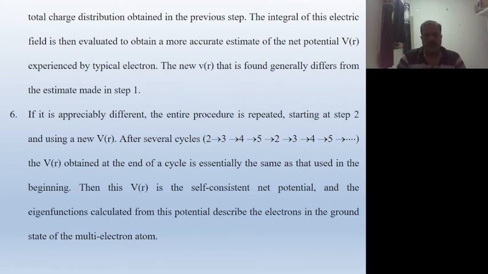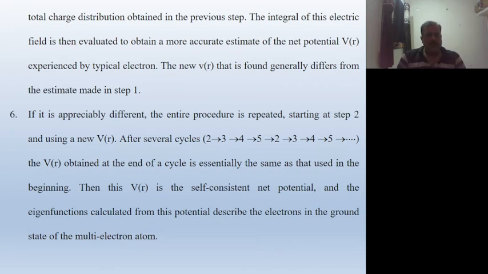The integral of this electric field is then evaluated to obtain a more accurate estimate of the net potential V of r experienced by a typical electron. The new V of r that is found generally differs from the estimate made in step one.